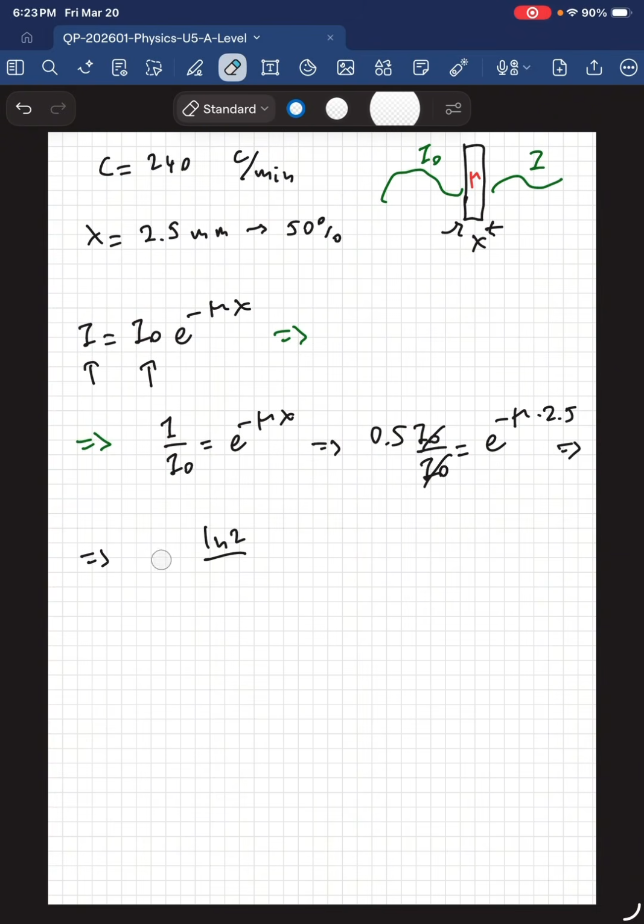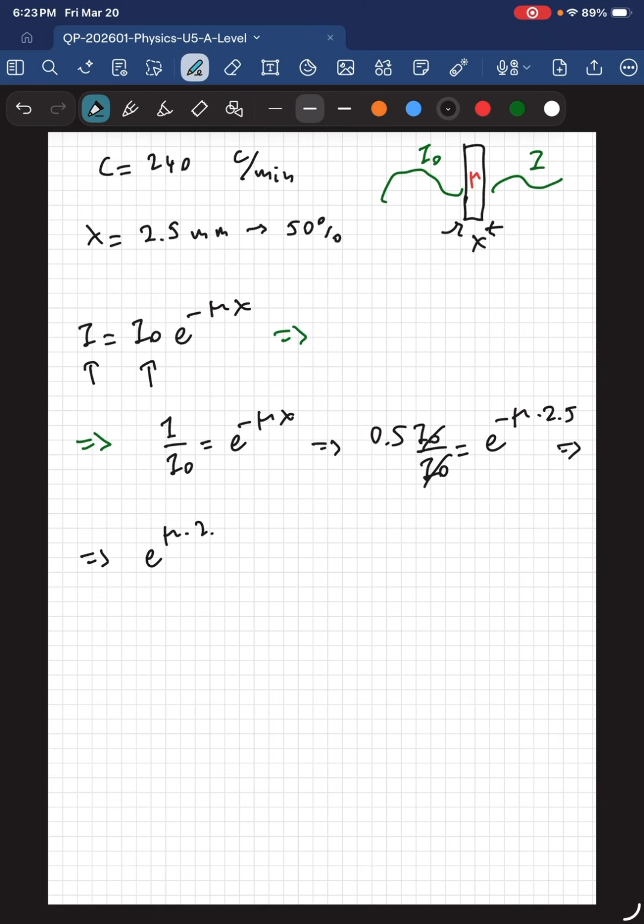Let me take one more step. So e to the mu times 2.5 is 2. Is that correct? So 1/2, yes, it's correct. So if we take the ln, we have mu times 2.5 is equal to ln of 2. So mu is ln of 2 over 2.5, which is 0.28 millimeters to the minus 1.